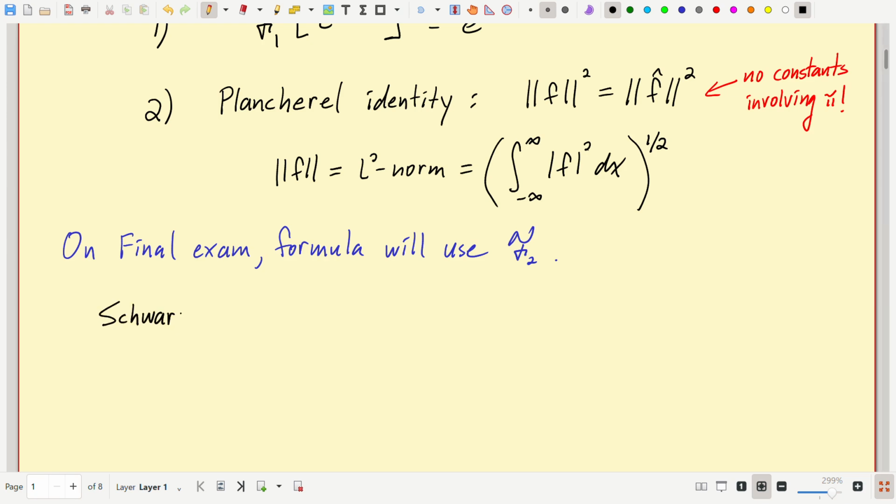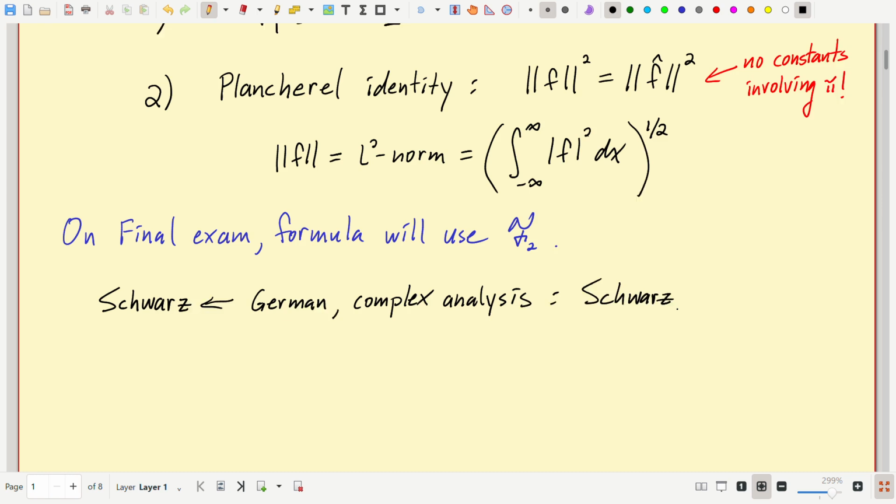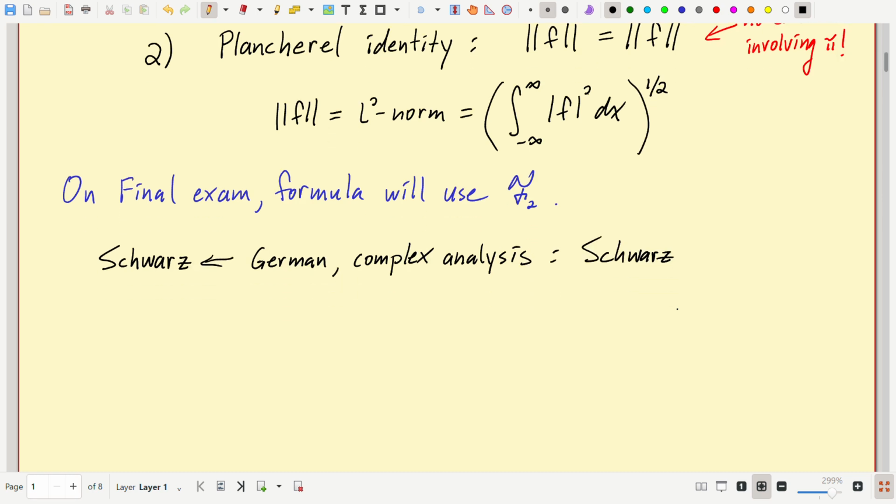Schwartz with a z is the German guy, and in complex analysis there's the famous Schwartz lemma, and a couple other famous things he did. He's in my family tree. If you go back to my advisor's advisor, etc., you run into Schwartz. His name was Augustus Schwartz.